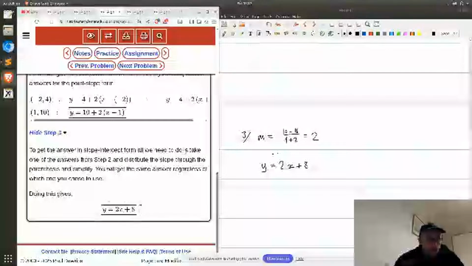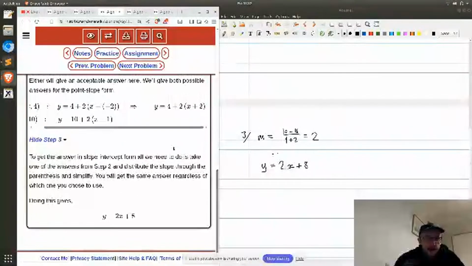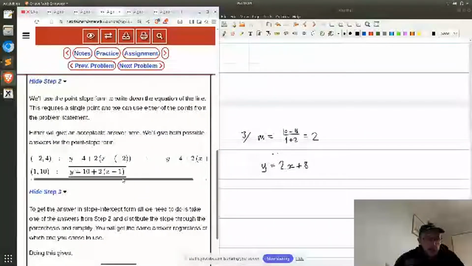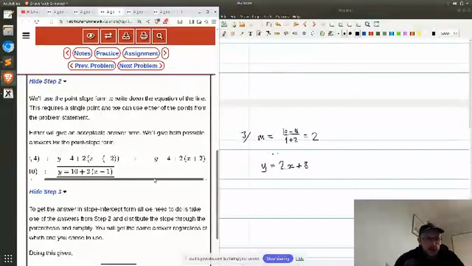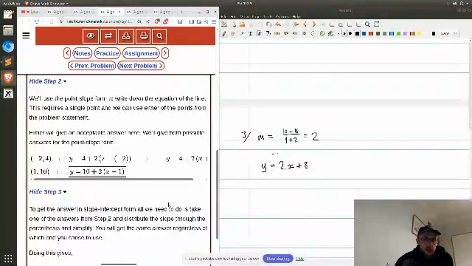Okay, so there's slope intercept form. And we'll give both possible answers for point slope form. So there's the first one. I see. Interesting. All right. And there's the second one. Kind of interesting. I've never seen that before.